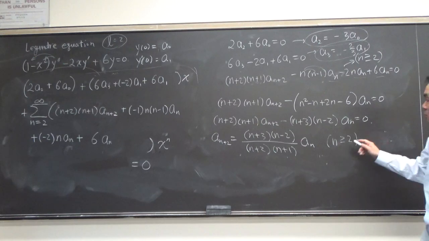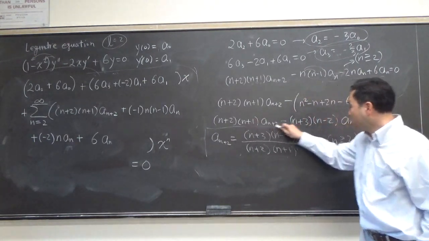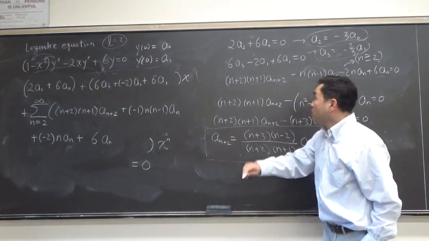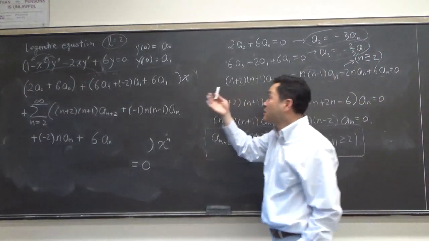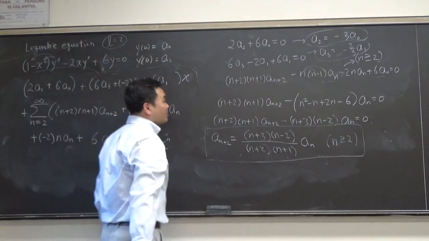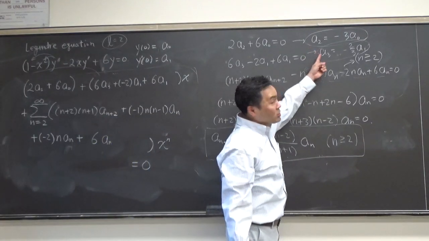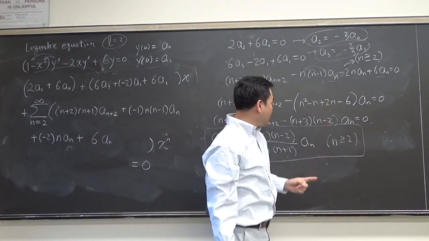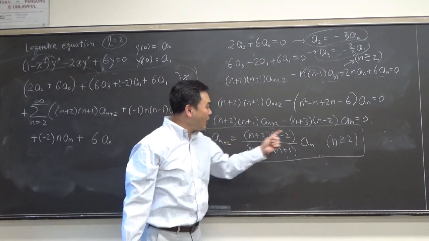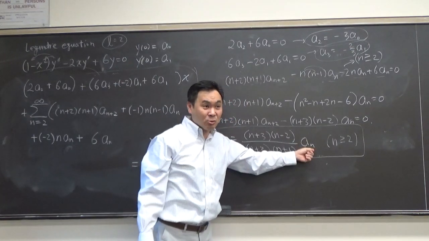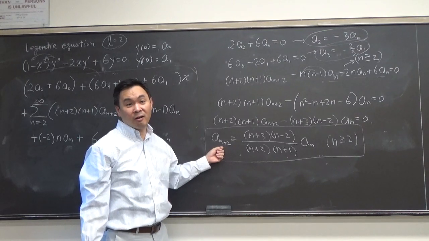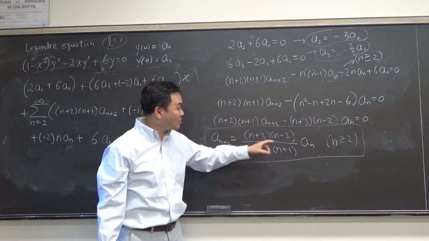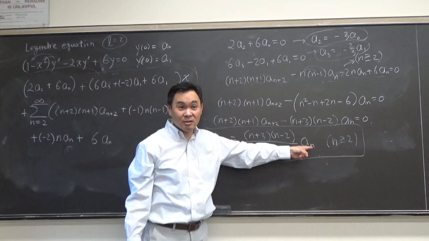Now this is a very important result in our solution because, knowing a0 and a1, let's pretend that we are given a0 and a1. Then we know what a2 and a3 are, right? But then if you know a2, for n equals 2, this tells you a4, which will be something times a2. Is that good?